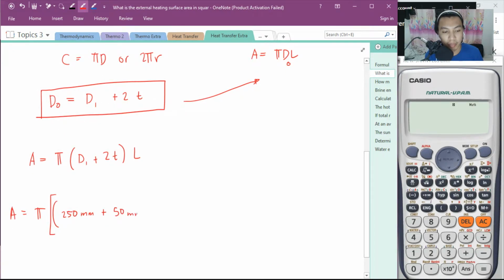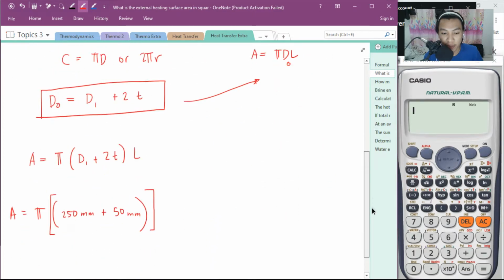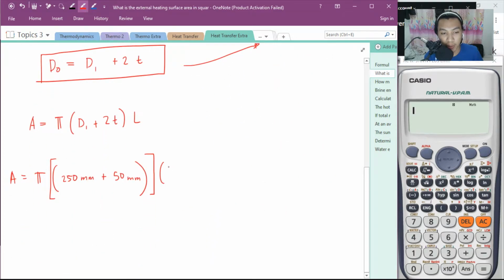mm. Now, the problem here is we need it in inches. So, ang gagawin natin, as is natin to. Okay? And then, i-multiply natin ng the length. That is 2.5 meters. I-multiply natin yung 2.5 meters ng 1,000. Kasi, 1,000 millimeter is equal to 1 meter. So, this will become millimeter.